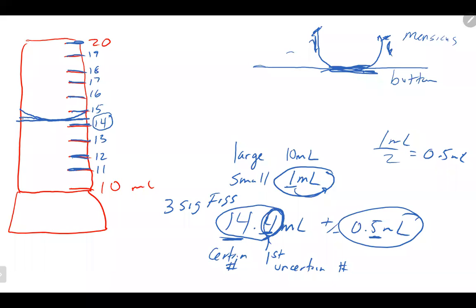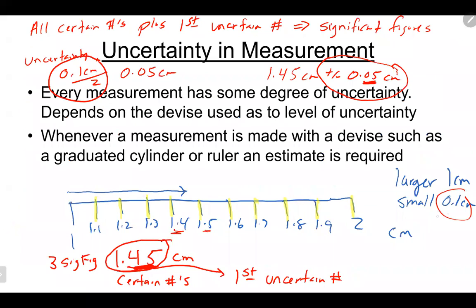In the other case, the smallest marking was 0.1, and we went one more place to the right, which took us to the second decimal place. So typically you could go one more place to the right of the smallest marking and you'll be in good shape in most cases. But again, not all cases, because you really do have to look at the scale.